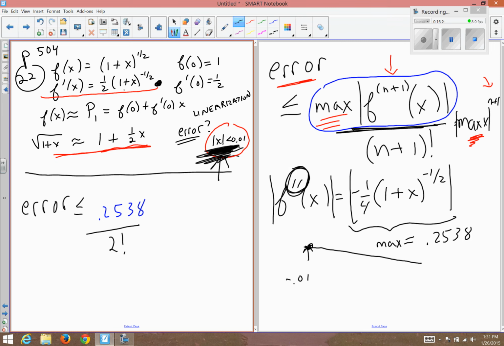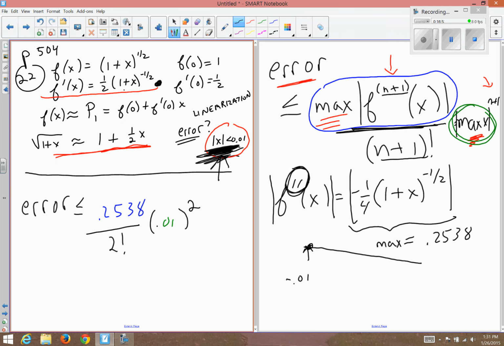In this problem, x is always less than 0.01, so that's what I put in the green box, 0.01, but it's raised to the n plus 1, which is 2. We found the second derivative, so that was 2 factorial, and the exponent is going to be a 2 also.